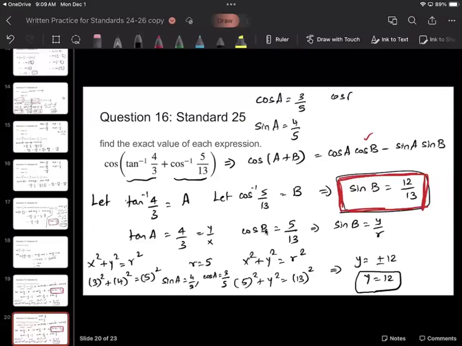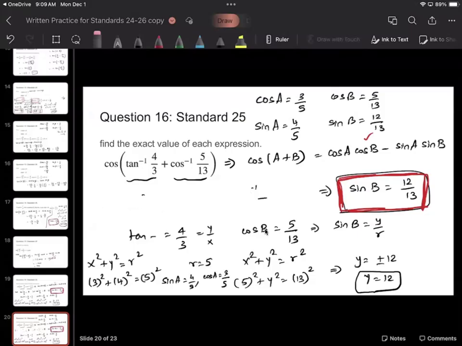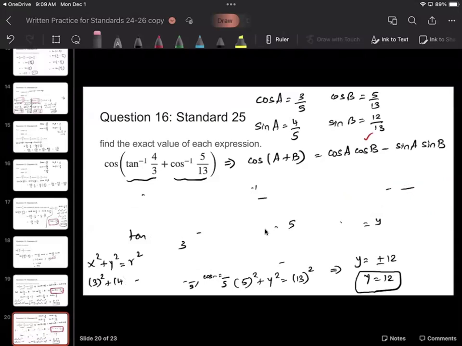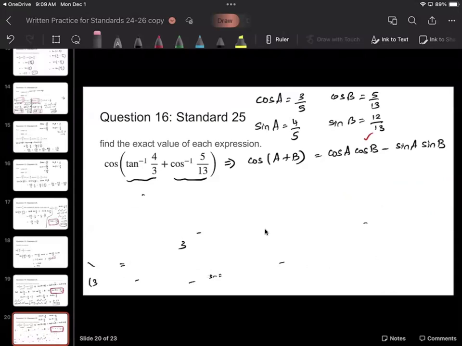What is cosine B? 5 over 13. And we have sine B to be 12 over 13. So we got all of these values from the two inside angles that were given to us. Now that we have all of this, all we need to do in the next step is plug everything in.